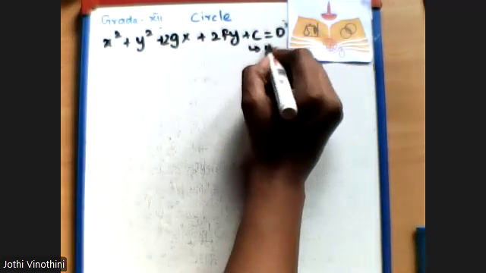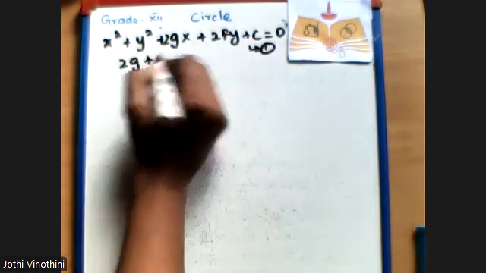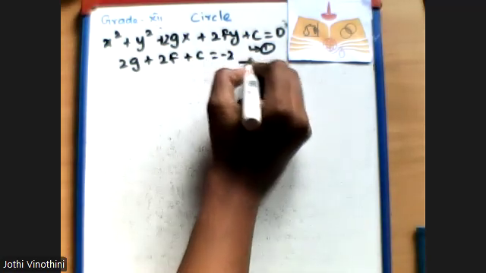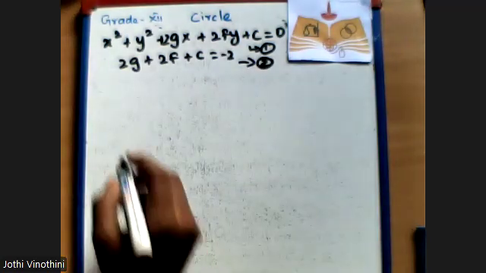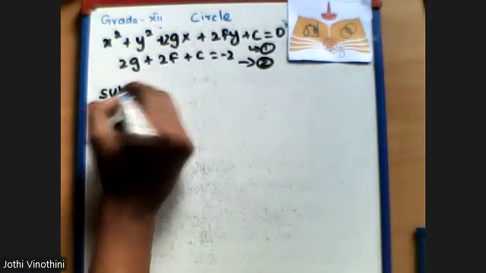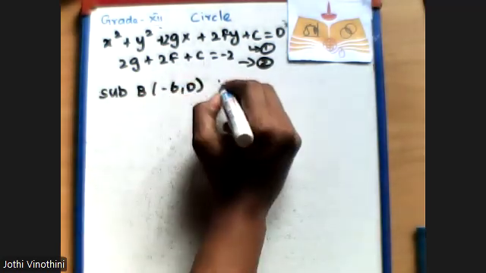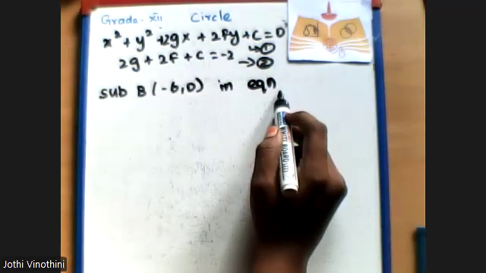We already solved equation 2, which is 2g plus 2f plus c equals minus 2. Okay. So now I am going to substitute the second point B, which is (-6, 0), in equation 1.